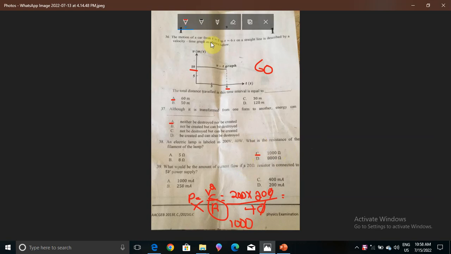Now question number 39, it says what would be the amount of current flow if a 20 ohm resistor is connected to a 5 volt power supply? Okay, question number 39 is asking about milliampere, right?